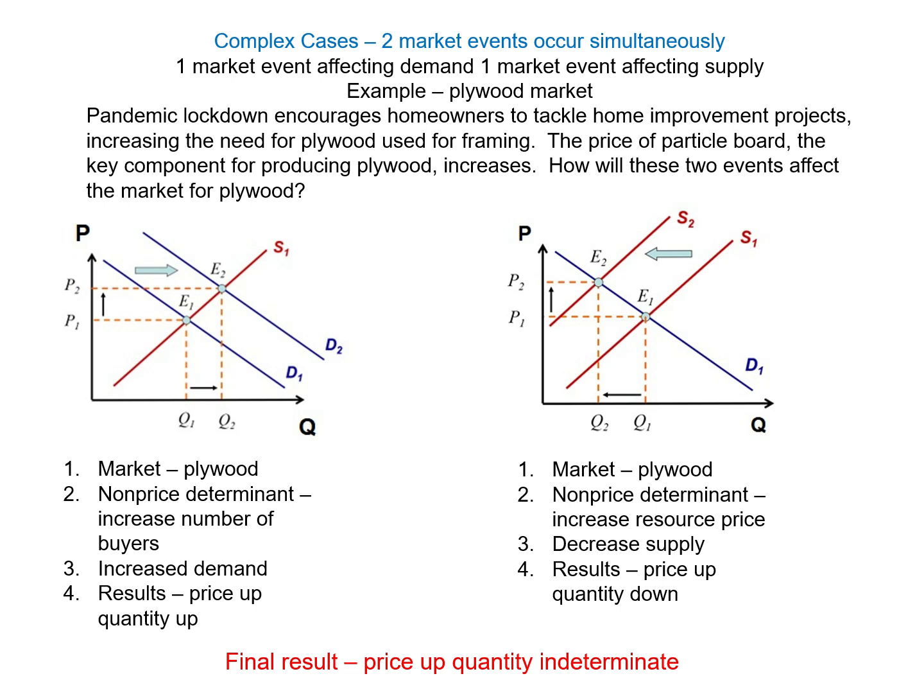Start at E1, P1, Q1 with D1, S1 in the market for plywood. The increase in the number of buyers, increased demand, shifts the demand curve to the right from D1 to D2. At the new equilibrium price, P2, Q2, price in the market for plywood has increased and quantity has also increased.